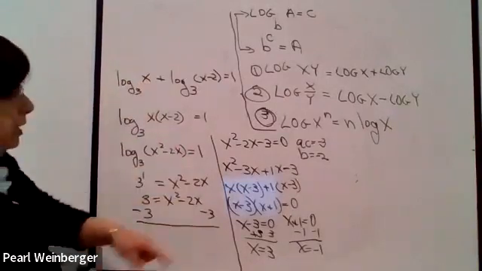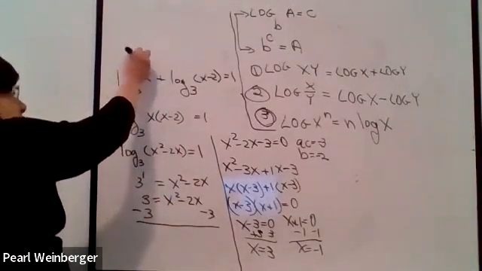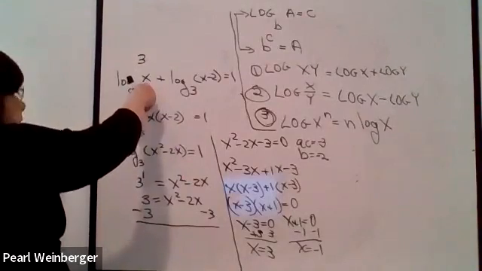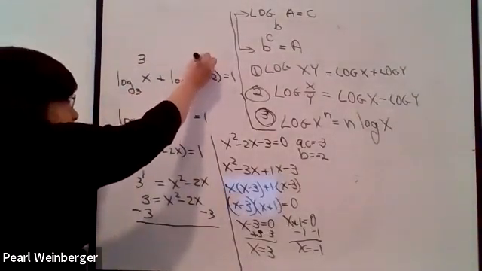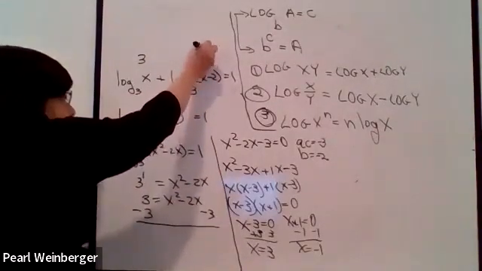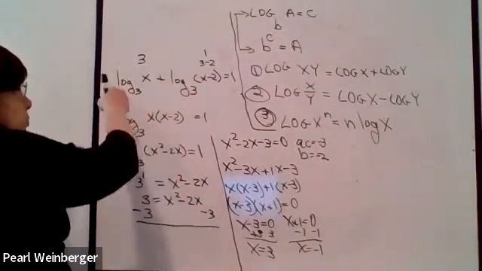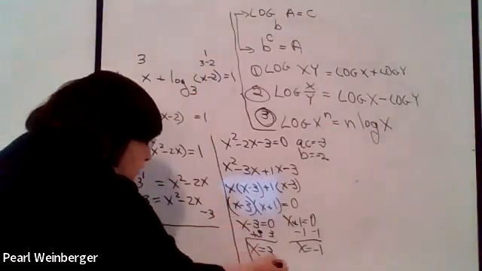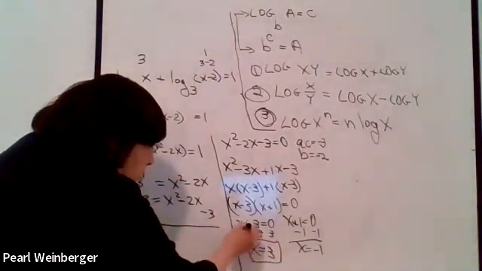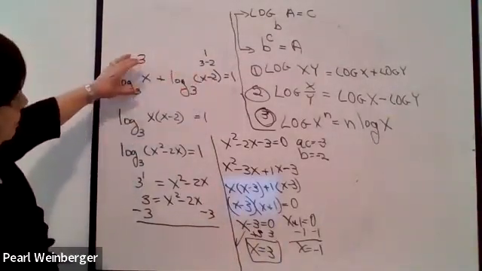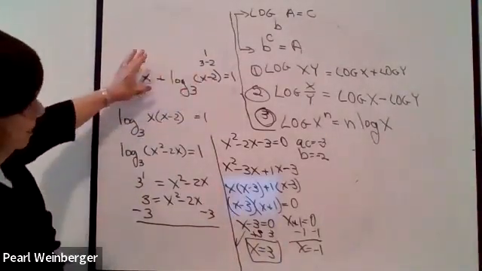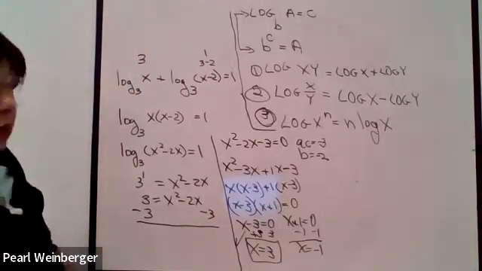So when my x is 3, log 3, that's good. And this is 3 minus 2, which gives me 1, which is also positive. So when x is 3, this is a good answer. Both the x and the x minus 2, those are the numbers that you're taking the logs of, are positive numbers.